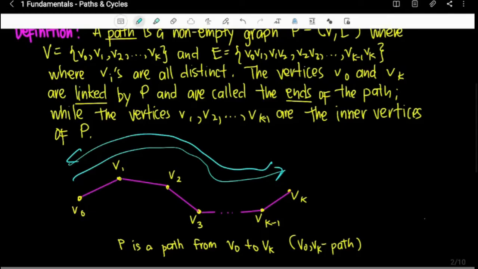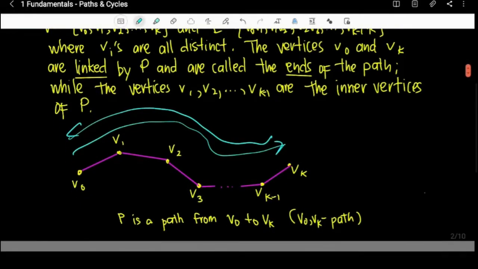In our path, we can just write them using the initial and the final point V0, Vk. Or pwede ring Vk, V0 path. Again, it doesn't matter naman kung saan ka mag-start. May dalawa kang endpoints ng path. So this is a path that connects the vertices V0, Vk.